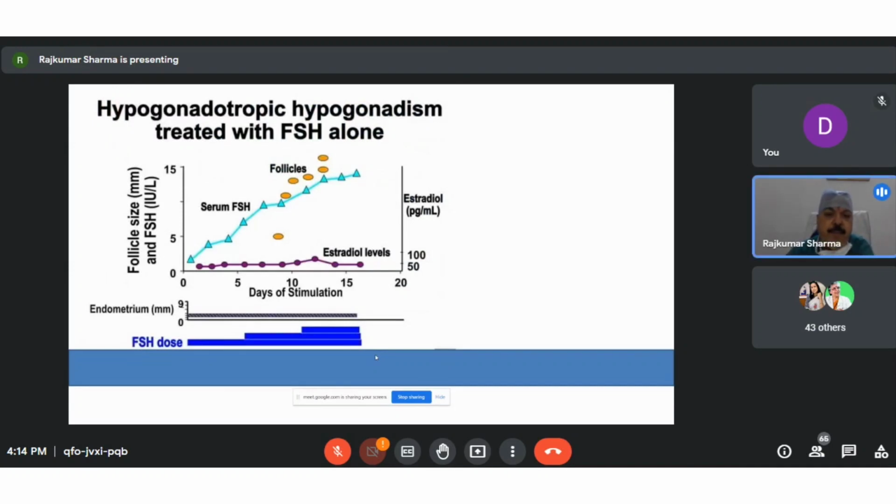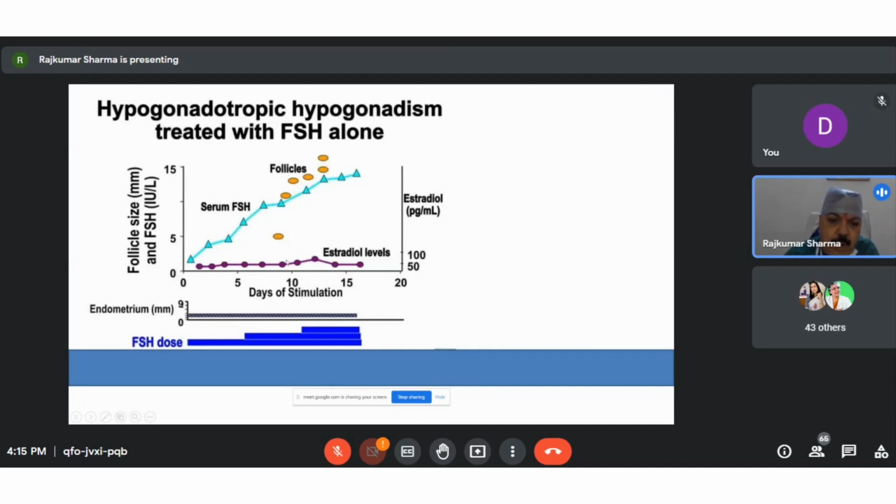Now, this is the case of hypogonadotropic hypogonadism, where the patient is being stimulated with FSH, and a step-up regimen has been used. And what you find is that the follicles would not be seen initially until around 8 days or so. And then subsequently, if you keep on giving FSH, the follicles will start growing.